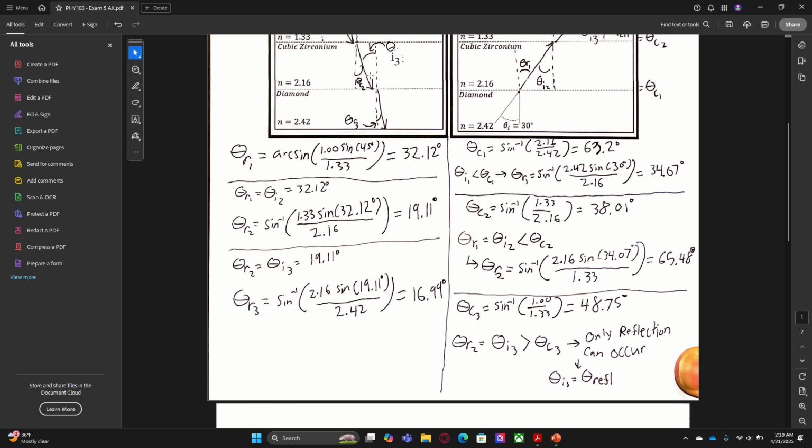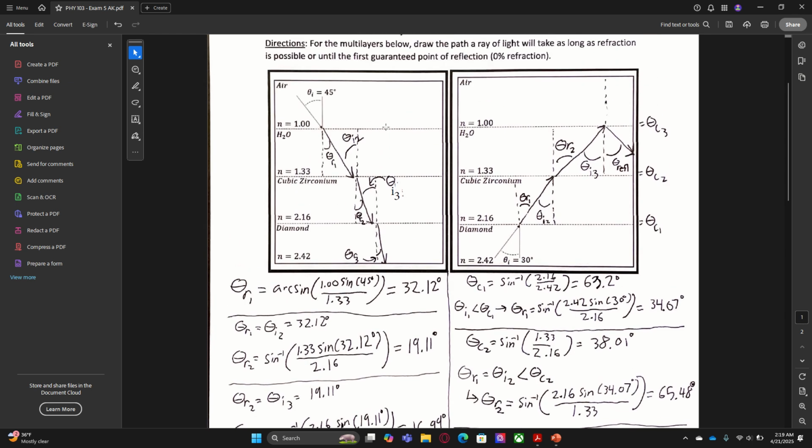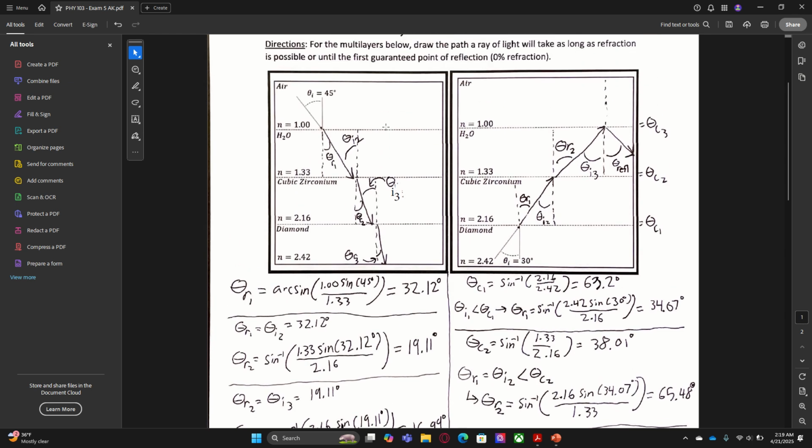So once again, our ray is going to be even steeper now, going from 19 to roughly 17 degrees. And that's how you should do this plot, basically trying to make this ray look like it's getting steeper and steeper. We just made it into the last layer, which means we can stop for this multi-layer.